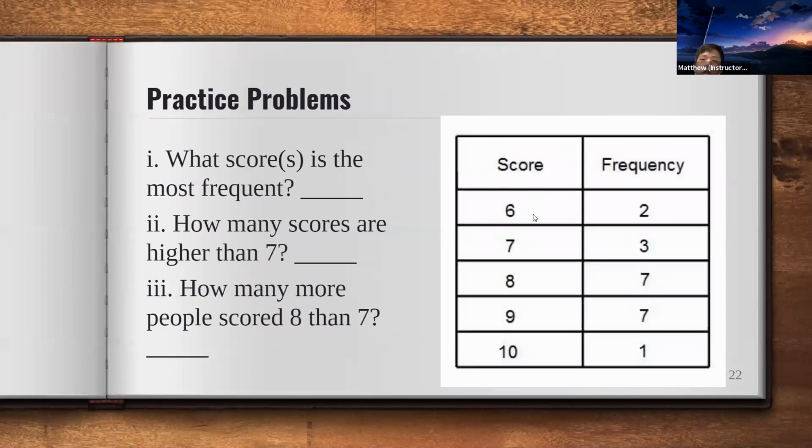This frequency table. So as you know, scores are these, and these are the frequency of them happening. So what score is the most frequent here?